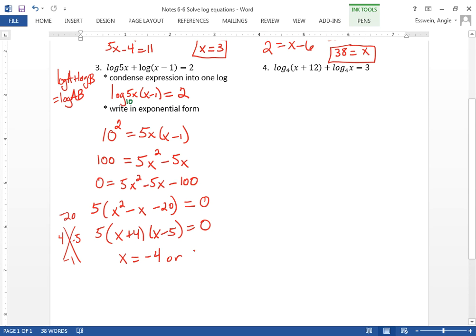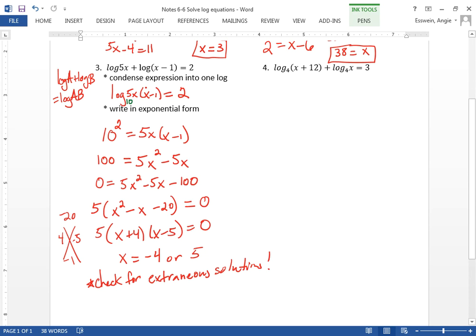Now, we have to check for extraneous solutions. When you solve log equations, check. This is like when you solve radical equations. It's called extraneous. You do have to check. And if I plug, you can't take the log of a negative number. So if you plug negative 4 in here, you're going to get negative 20 times negative 5.